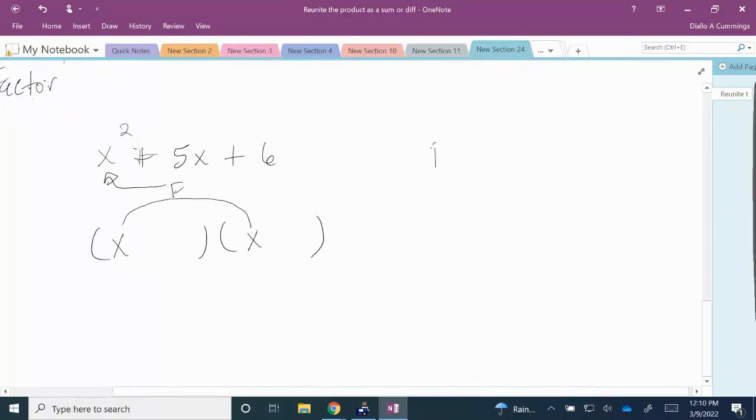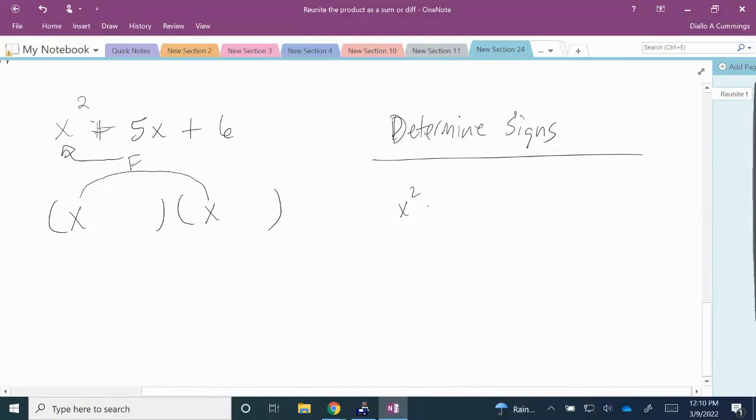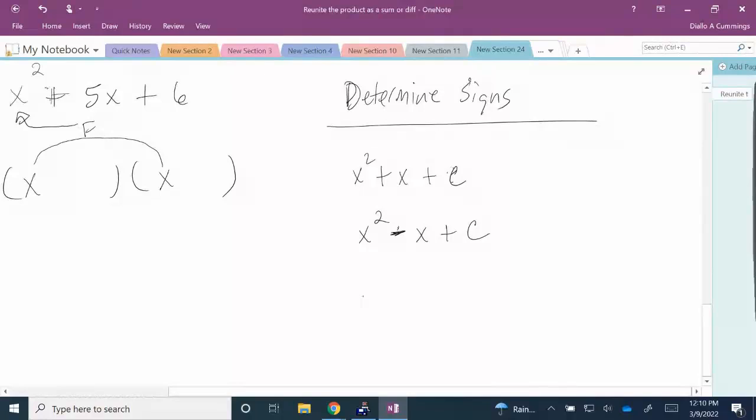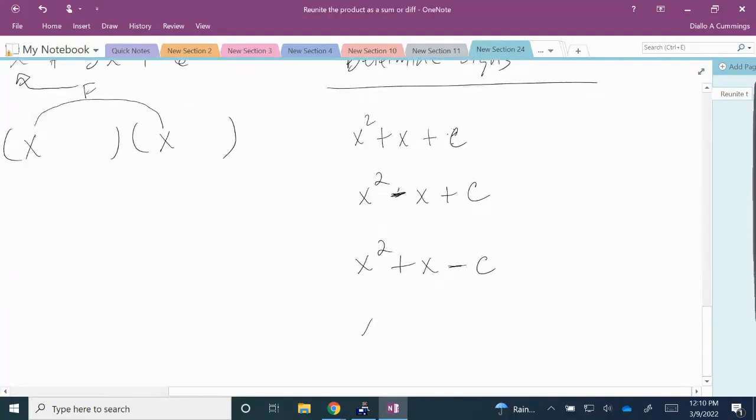The next thing you want to do is determine your signs. So when you determine signs, you have x squared plus x plus c, x squared minus x plus c, x squared plus x minus c, and x squared minus x minus c.